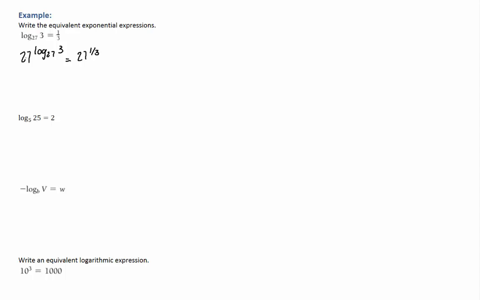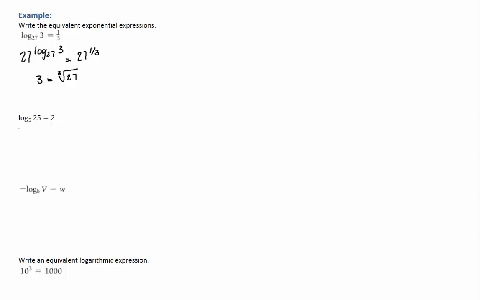So whenever you do 27 to the logarithm base 27 of something, you get that something back. So you have that 3 is equal to the cubic root of 27. This would be the exponential expression because you're writing one side as a number to a certain power. So this would be your expression in exponential form.